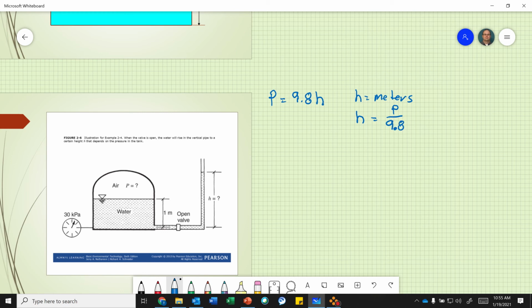All right, so that's H at the bottom of the tank. Question 2, B, the height the water will rise in the tube. Okay, so I can just do this. This is question B.